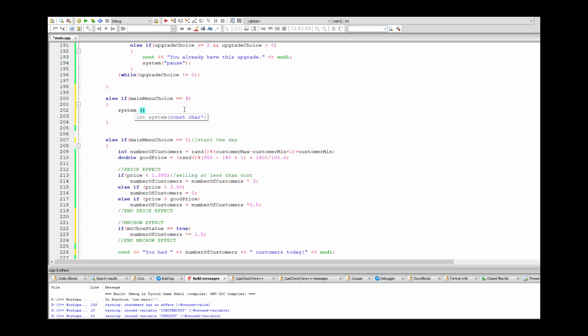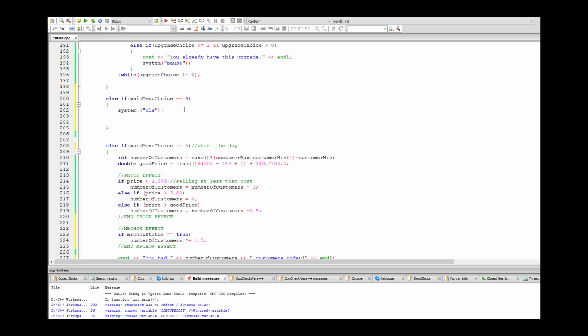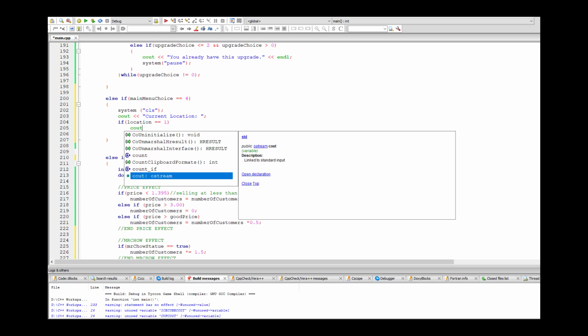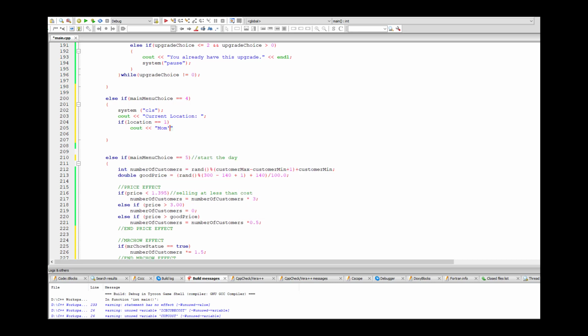All right, so we will have something like this. System CLS to clear the screen, cout current location, and I'll just build one extra location. If location is equal to 1, we're going to say cout mom's house.